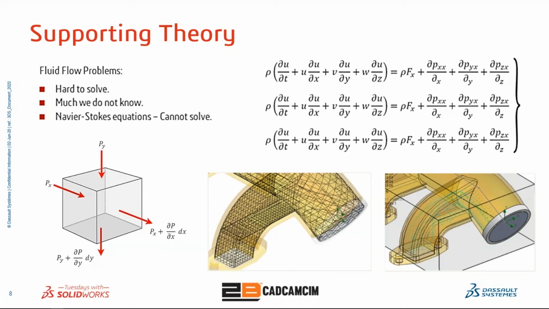One way to simplify this equation is to discretize the domain into cubes, then discretize the amount of temperature, pressure, and external forces.